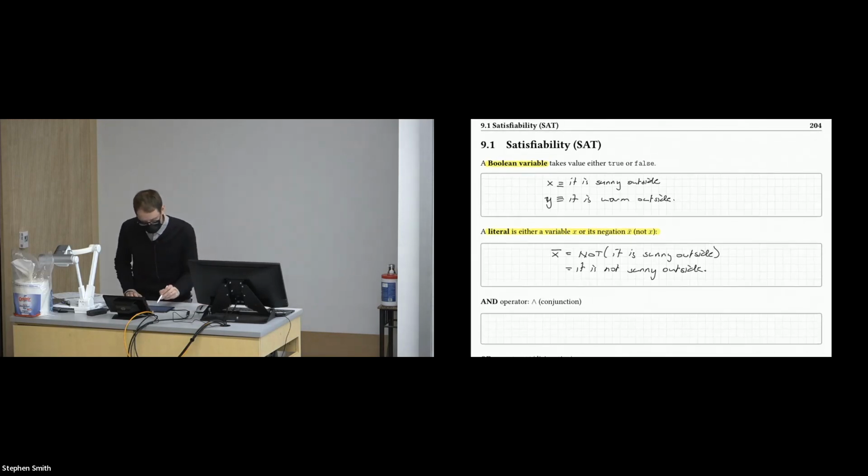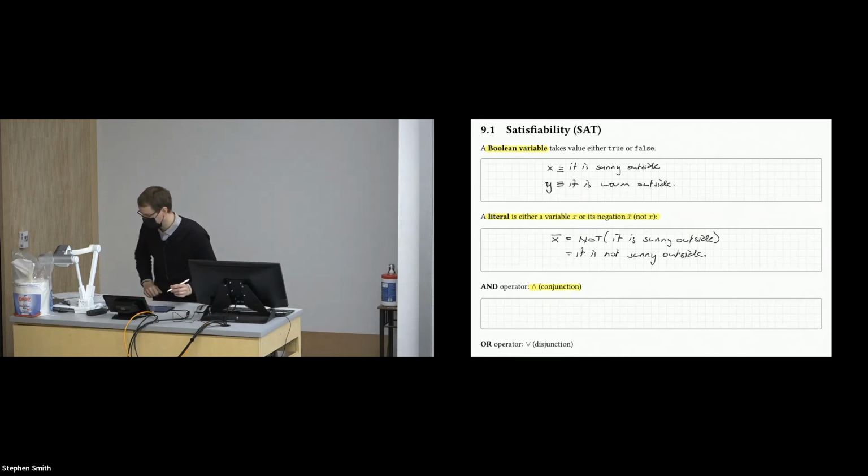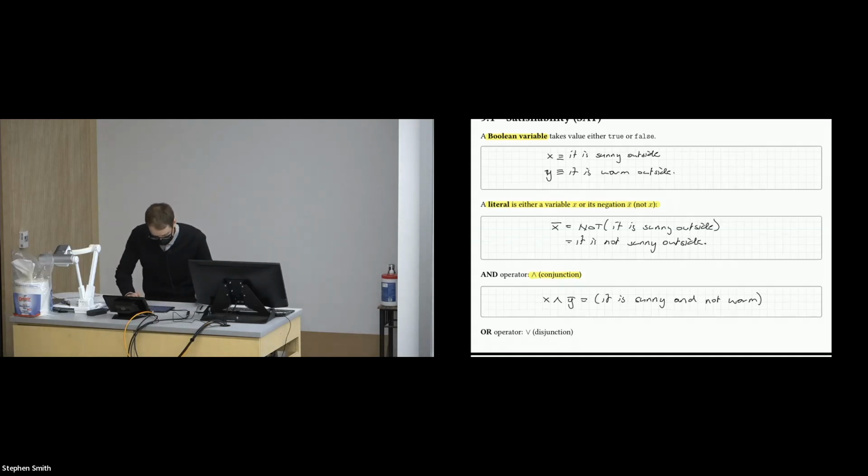And then we have these two operators: and, which is called conjunction, and the or operator, which is called disjunction. For the and operator, we can say X and not Y. That would be, it is sunny and not warm. If that evaluates to true, then that would be the statement.